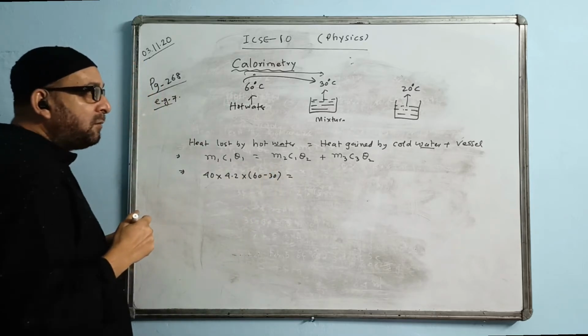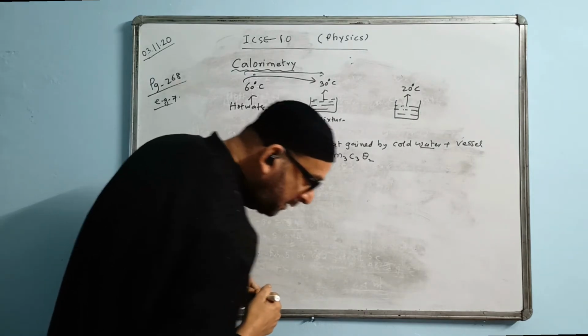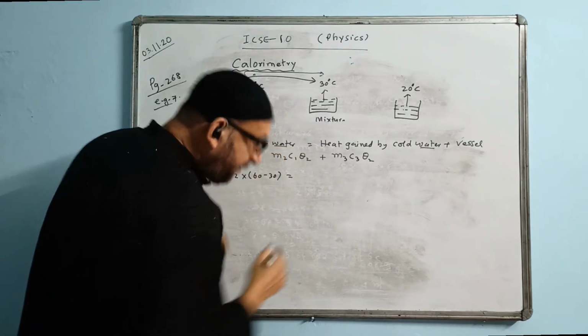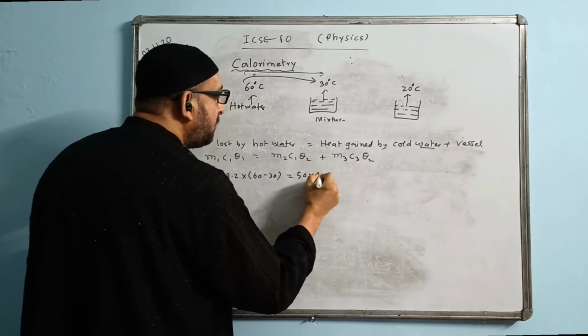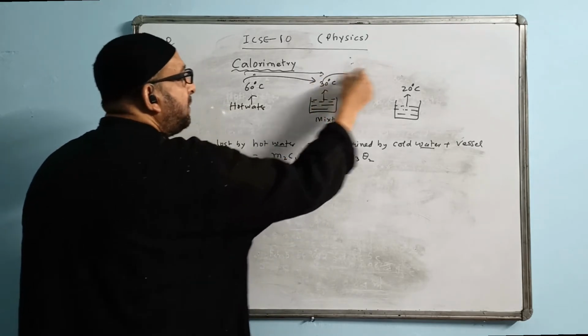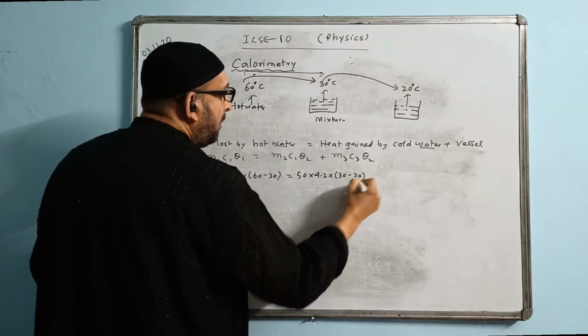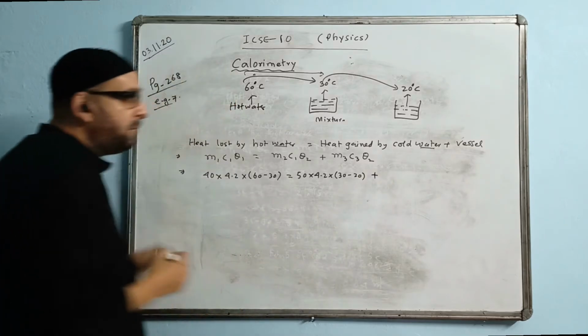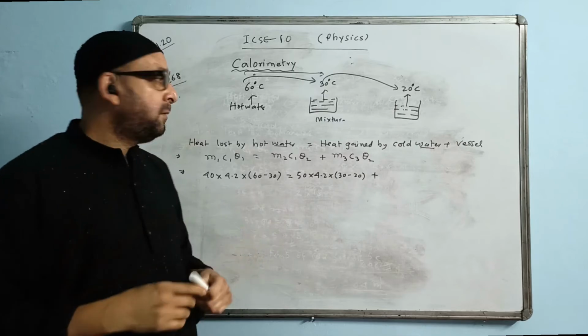M2, the mass of the cold water given, is 50 gram. This is water only, so c1 is 4.2. The temperature difference will be 30 minus 20, or directly 10.